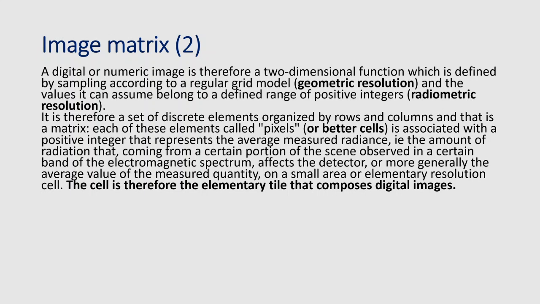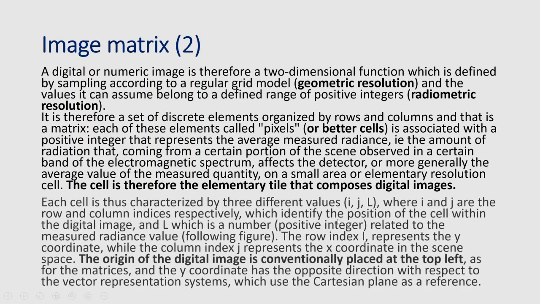For example, the amount of radiation that, coming from a certain portion of the scene observed in a certain band of the electromagnetic spectrum, affects the detector, or more generally, the average value of the measured quantity on a small area or elementary resolution cell.